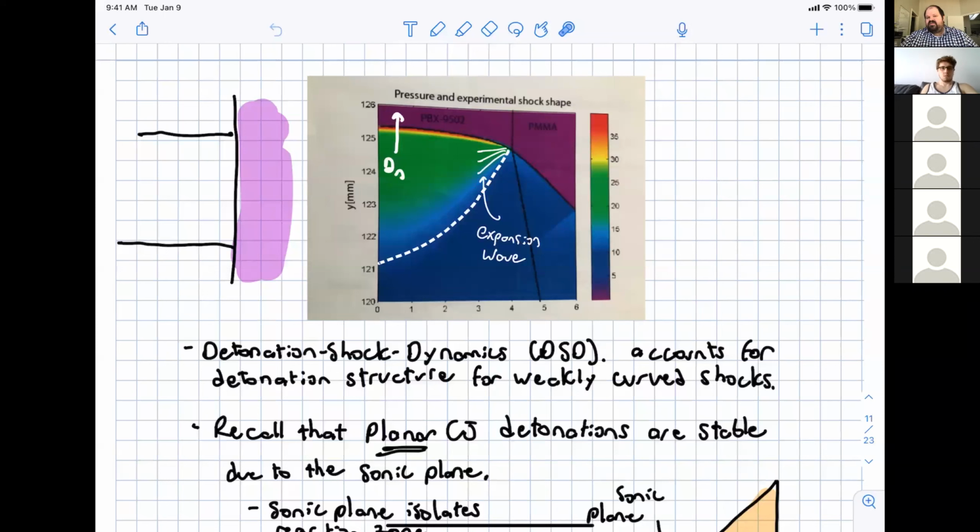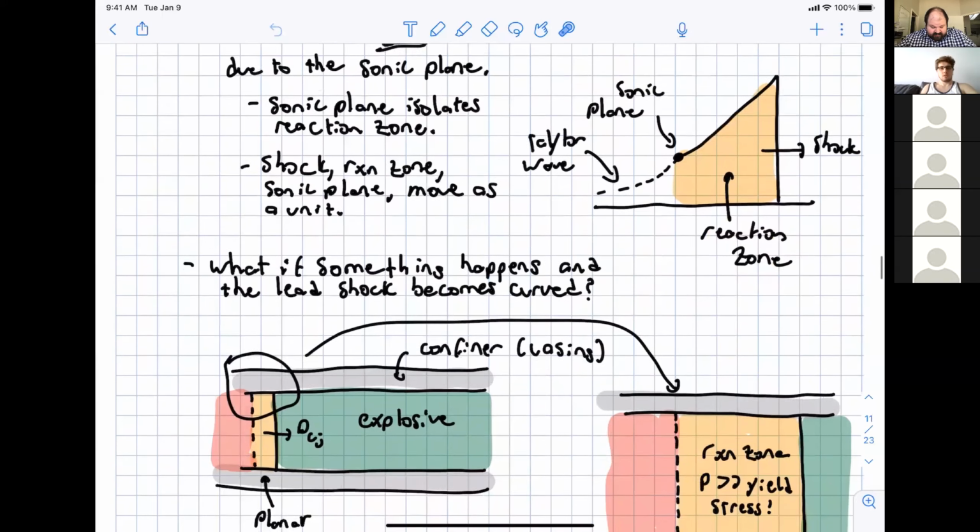If you think what a decrease in temperature in the Arrhenius term would do, it would massively decrease the rate of chemical reaction, because you guys saw how sensitive that function was on that Python homework. In regions of high curvature, the expansion waves can be so strong that you may even quench the detonation. Okay, so I went over this stuff.